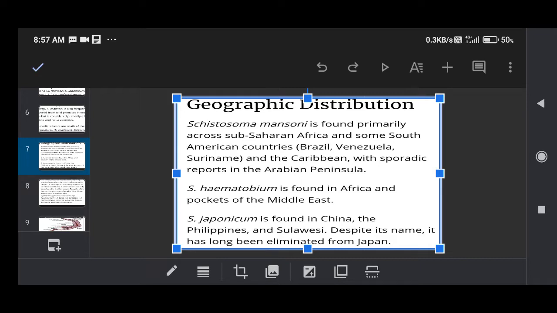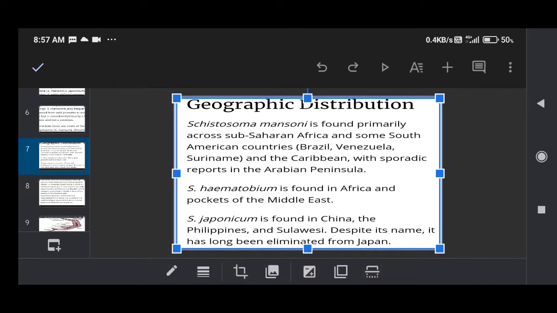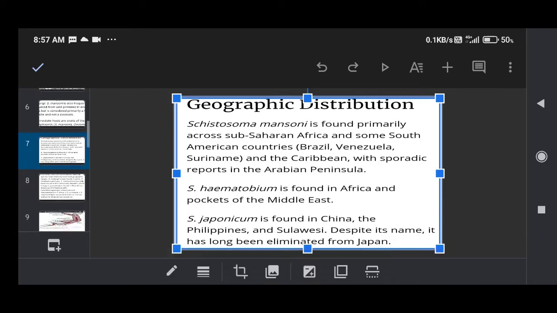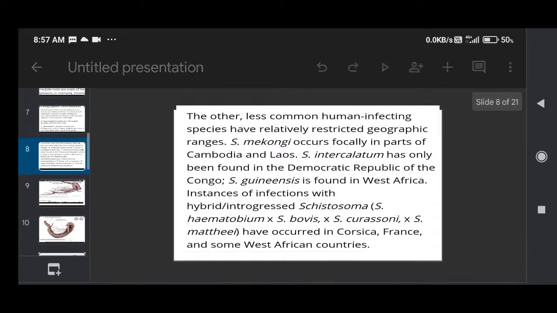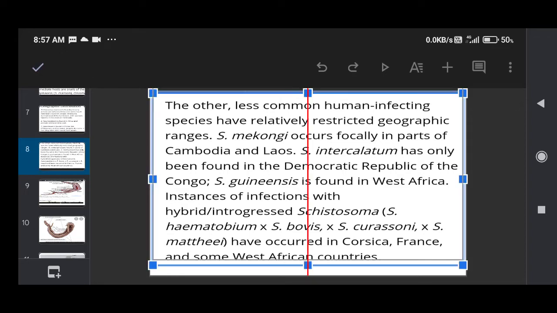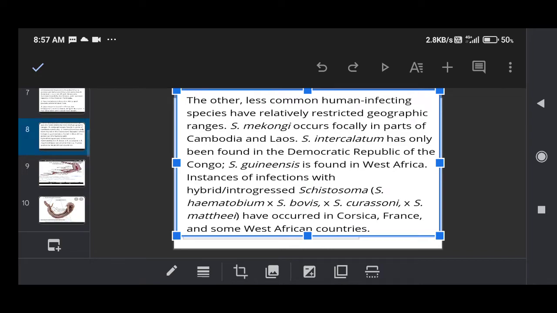Schistosoma haematobium is found in Africa and pockets of the Middle East, and Schistosoma japonicum is found in China, the Philippines, and Japan. The other, less common human-infecting species, especially Schistosoma mekongi, occurs in parts of Cambodia and Laos. So some different parasites are there.